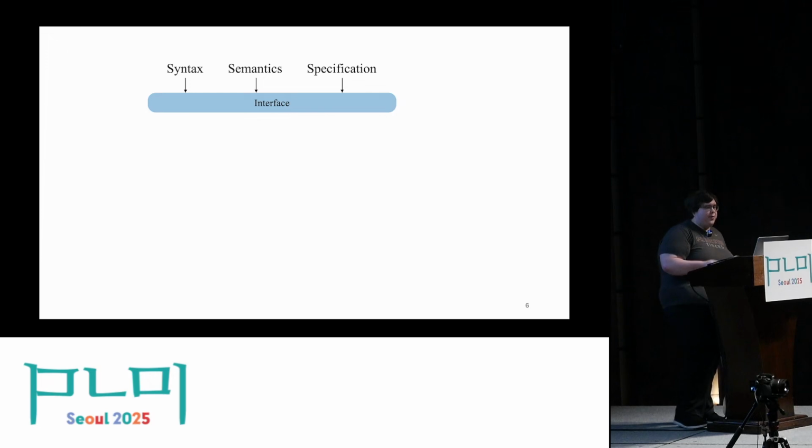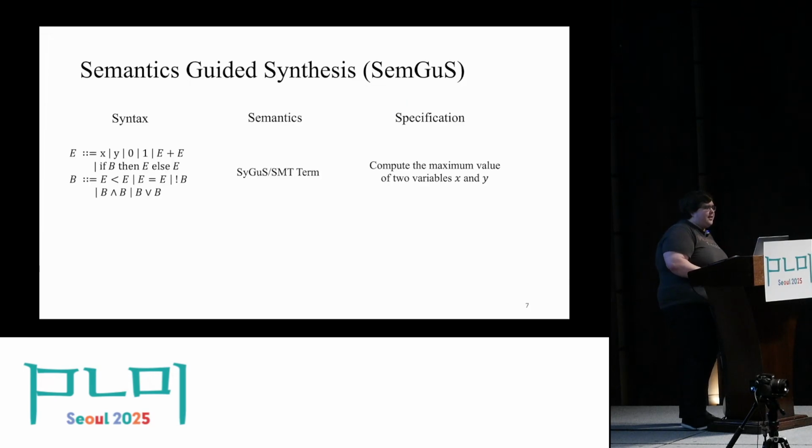And so what you would like is a single interface for actually writing your synthesis problems. This is what's accomplished by the Semantics-Guided Synthesis framework, which requires that you provide a syntax, semantics, and specification. So the SemGuS framework has these three components.